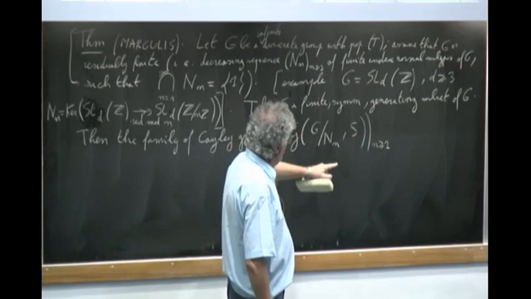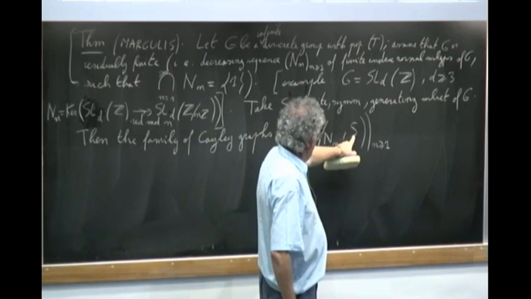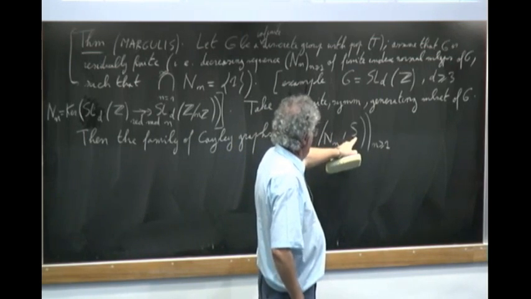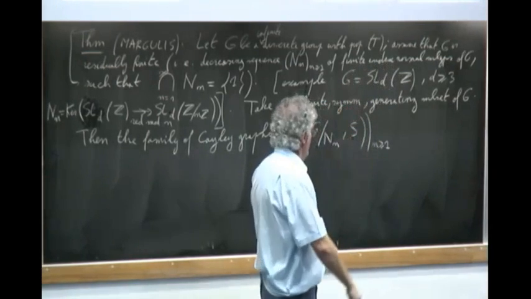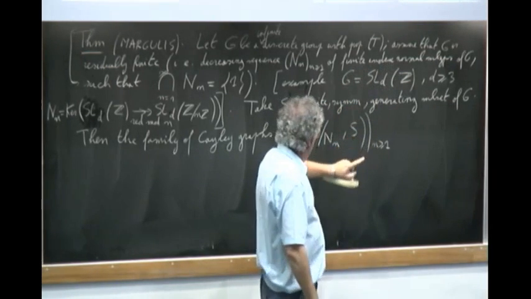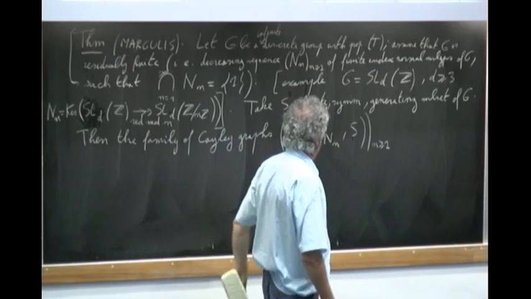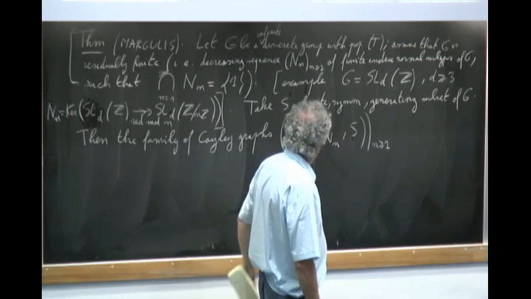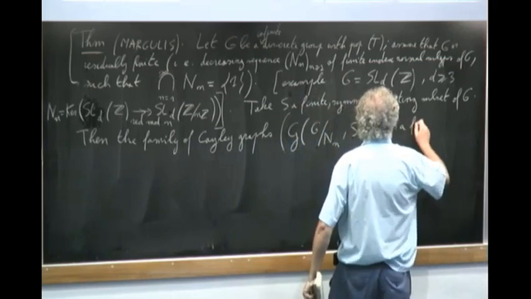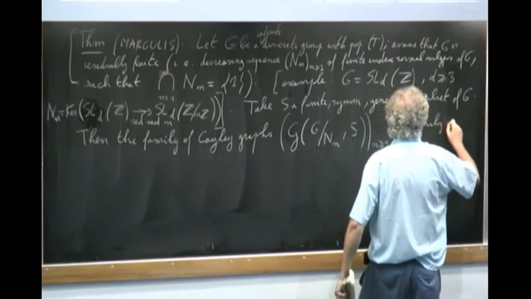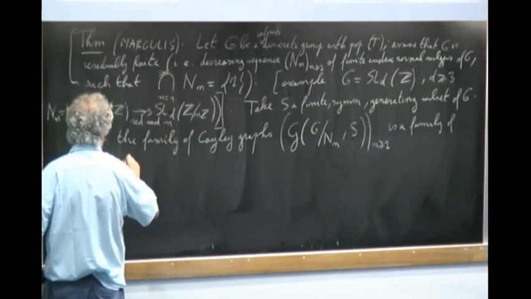But here there is a caveat, which is that you need to take the generating set which comes from above. You take the image of S in the quotient. But anyway, you know that it generates, so it gives you a Cayley graph, and the theorem is that this family of Cayley graphs is a family of S-regular expanders.